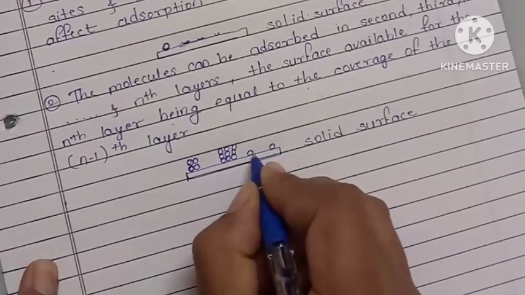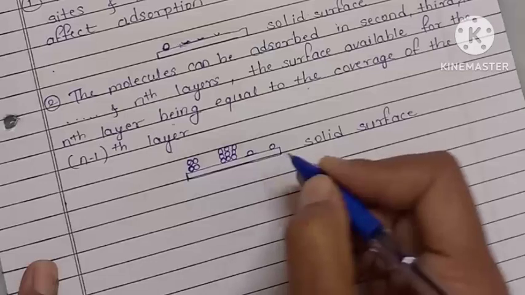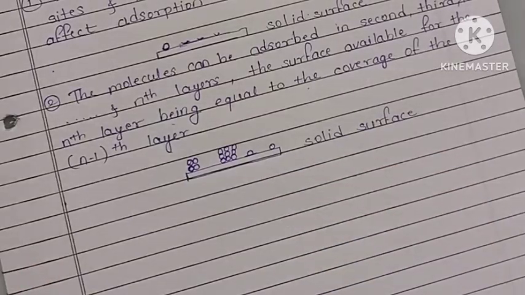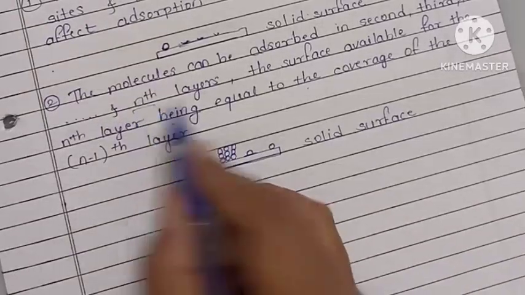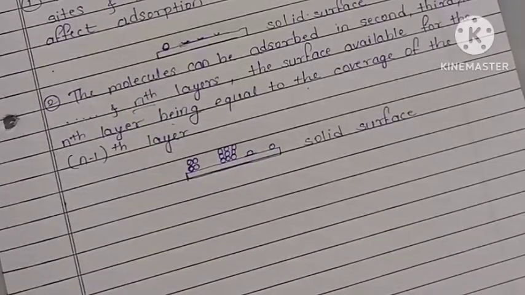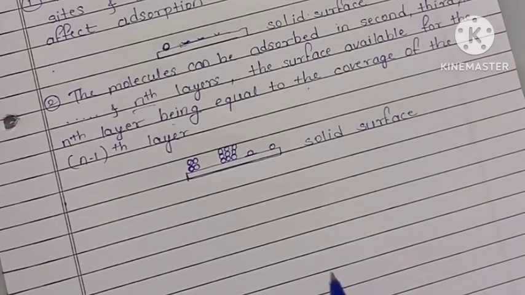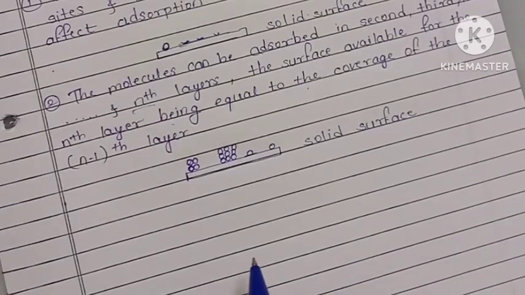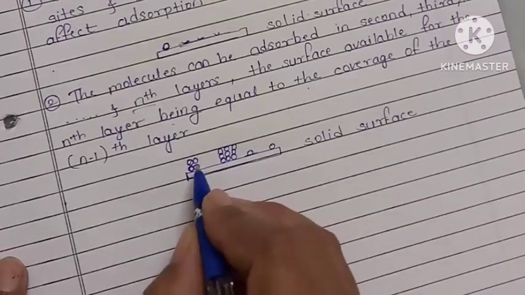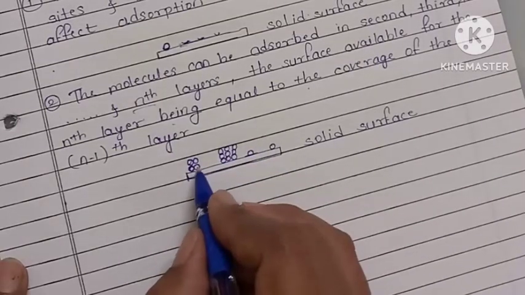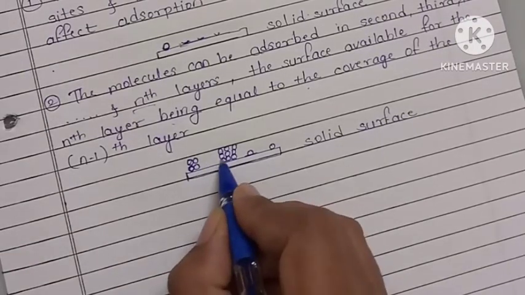So it may continue to the nth layer, and the nth layer has surface equal to the coverage of the n-1th layer. The third layer adsorbs only on the surface of molecules available in the second layer.